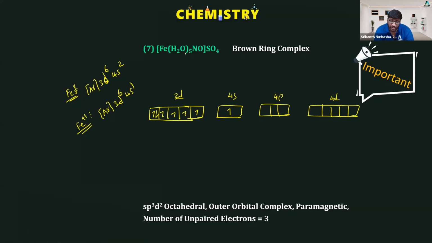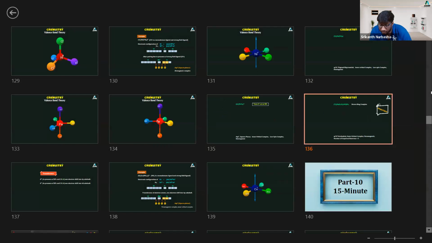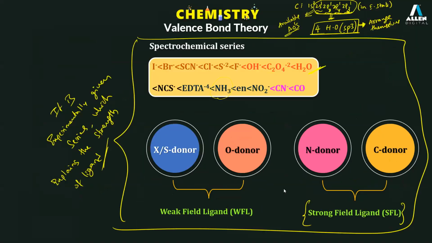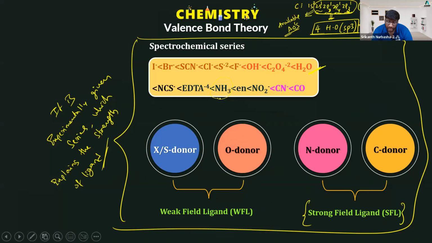In [Fe(H2O)5(NO)], H2O is a weak field ligand or a strong field ligand? NO is a strong field ligand, a nitrogen donor.